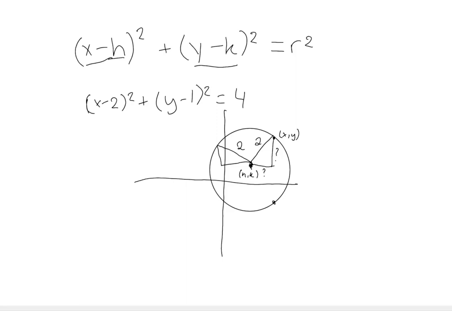And so that's why they also say that h and k are your center. That's just saying we're going to subtract the outer edge of the circle from the middle to find these two lengths, and we're going to square it. So that means every point on this circle is a solution to the equation. All of these work. Pythagorean's theorem is going to be used and we're going to get the same radius because that's how a circle works.